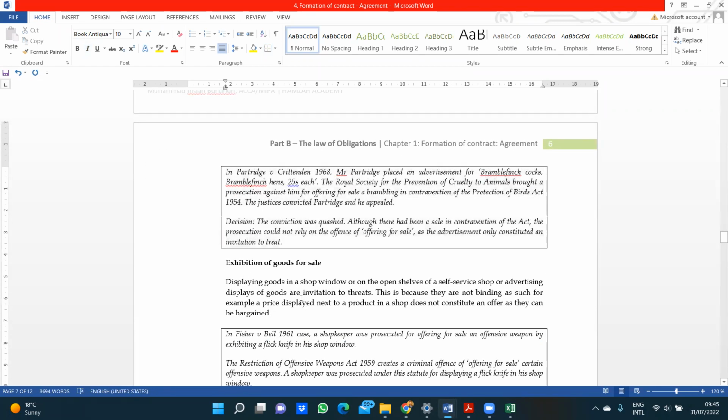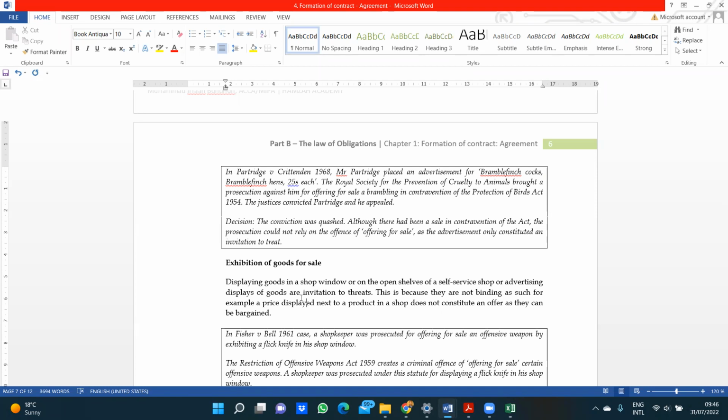So in Partridge v. Crittenden, 1968, Mr. Partridge placed an advertisement for Brambling finches, hens, 25 shillings each. The Royal Society for the Prevention of Cruelty to Animals brought a prosecution against him for offering to sell Brambling hens in contravention of the Protection of Birds Act.